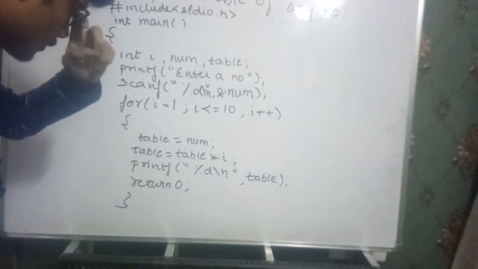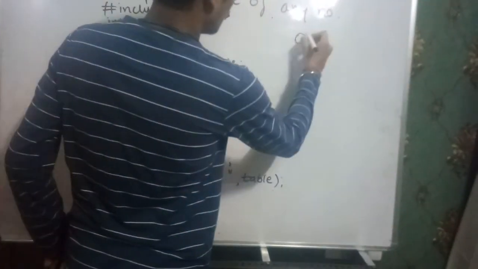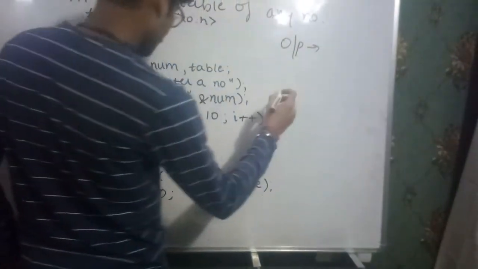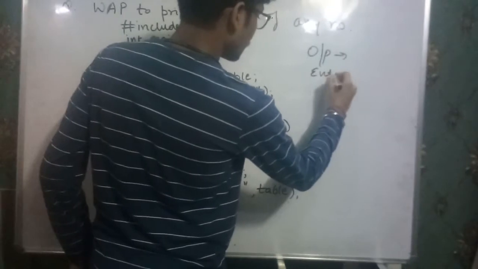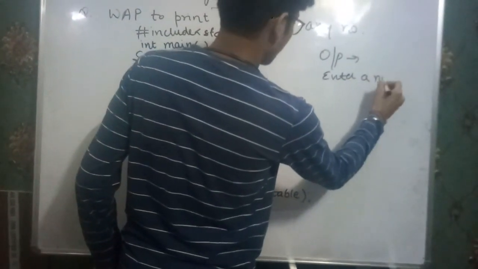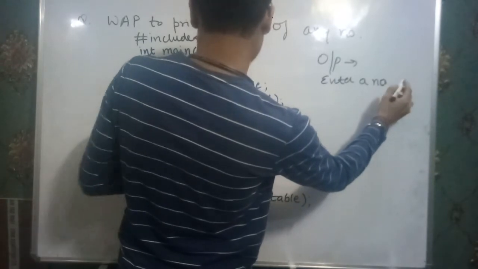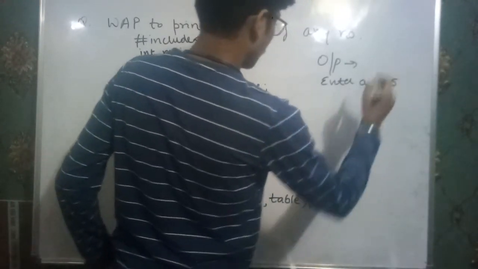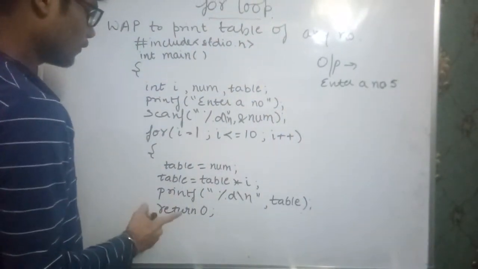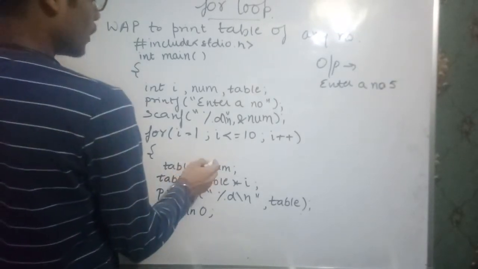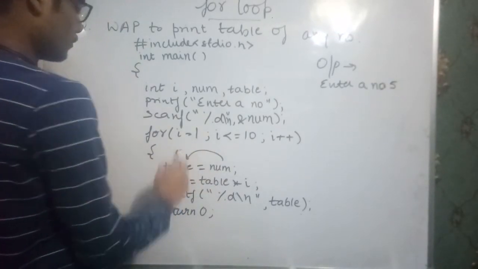So here we are getting the output as enter number, and for example we are inputting the number 5. After this, that 5 value will be transferred to table.